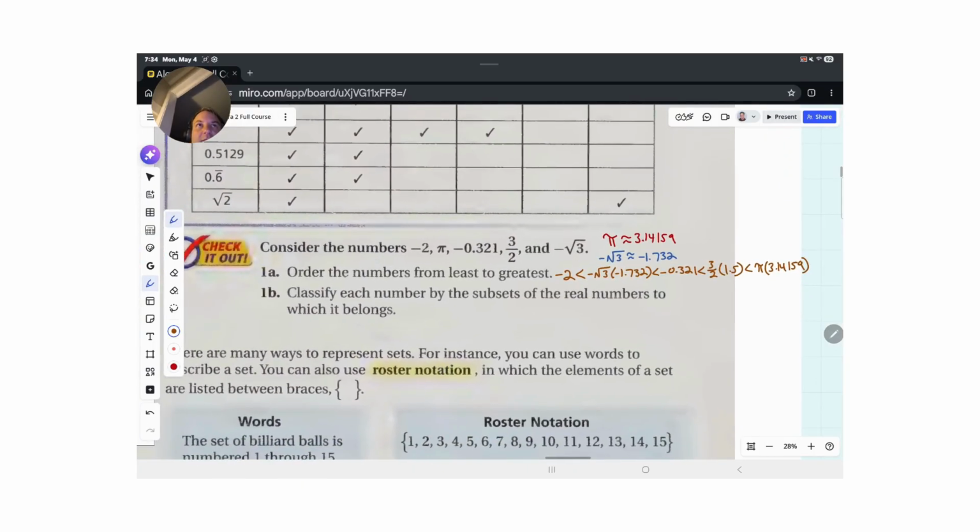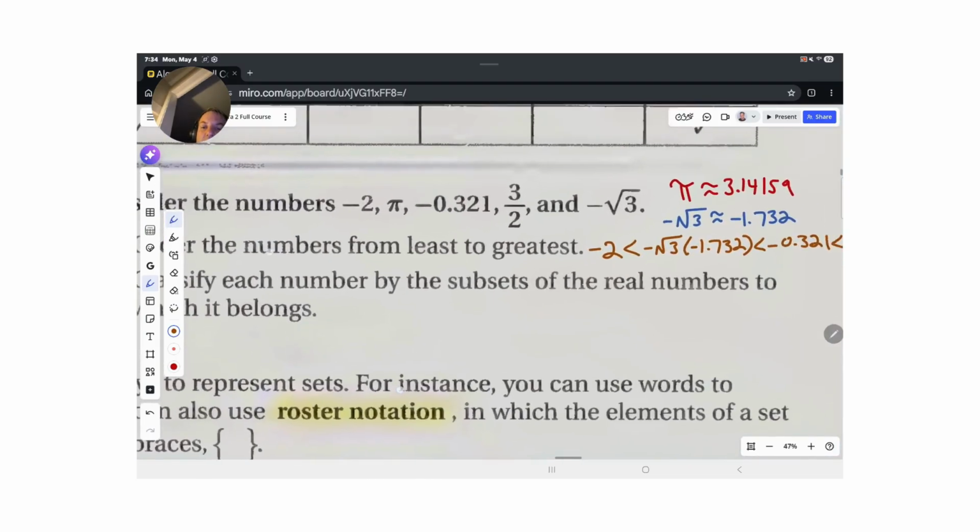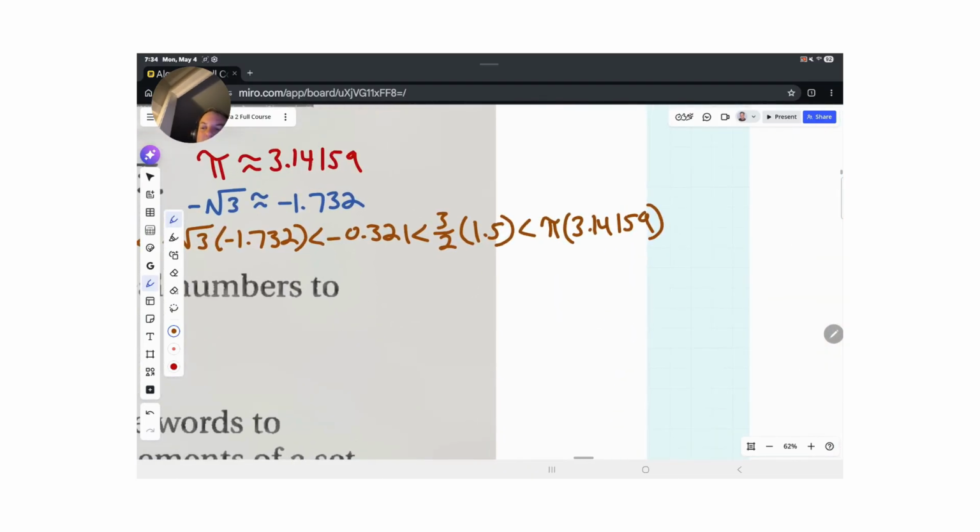All right, so least to greatest, we can write down: negative 2, negative square root of 3, negative 0.321, 3 halves, and pi.